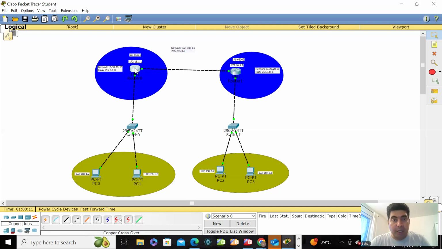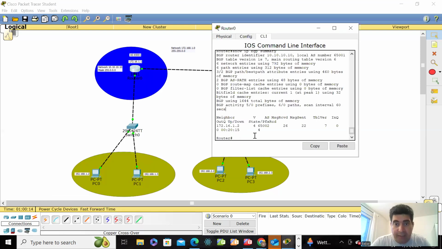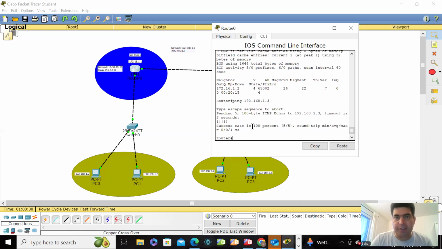Now I'm going to ping this PC, whose IP address is 192.168.1.3. Let's see if it works or not. I'm going to check it. It's working.